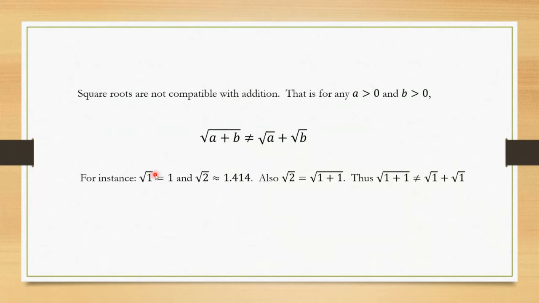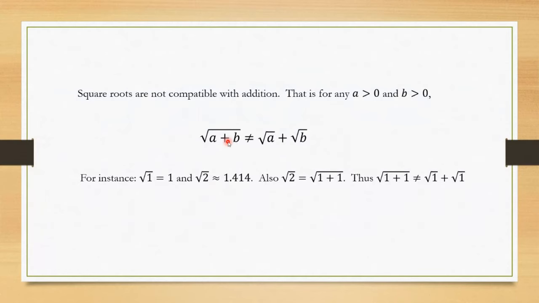There are many examples to illustrate that. I gave one here. If you take A and B to be 1, the square root of 1 is just 1, right? We've seen that. The square root of 2, however, turns out to be about 1.4 if you did it in your calculator.